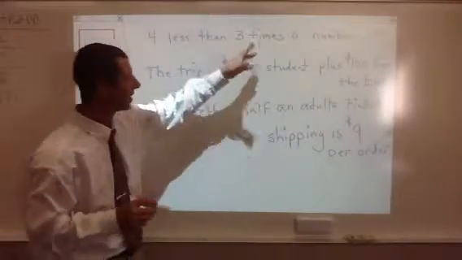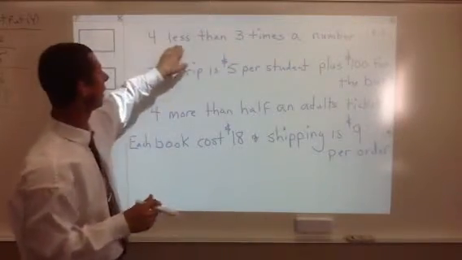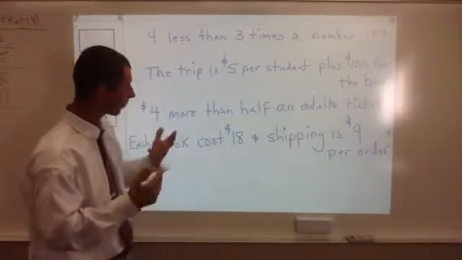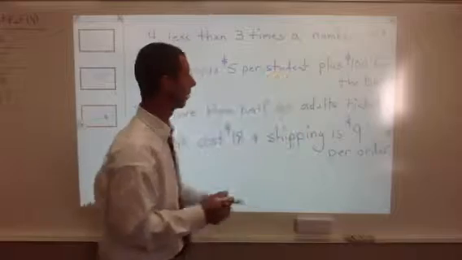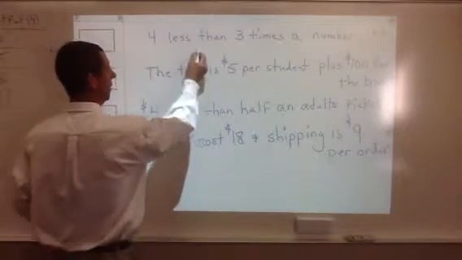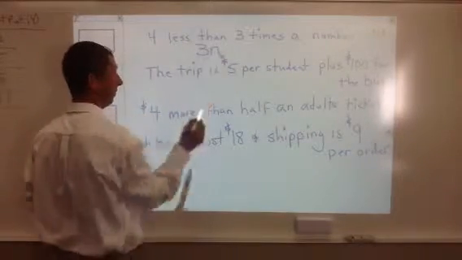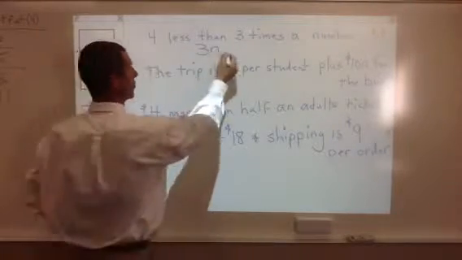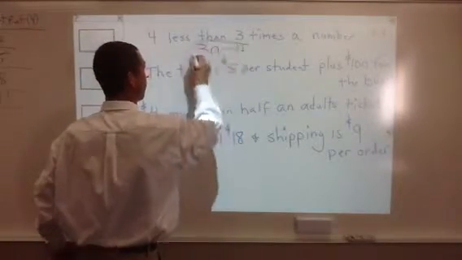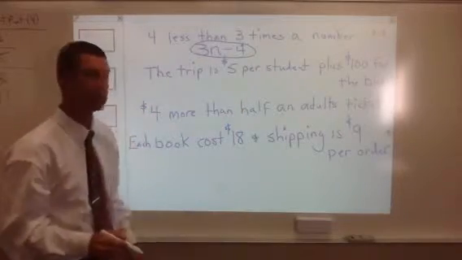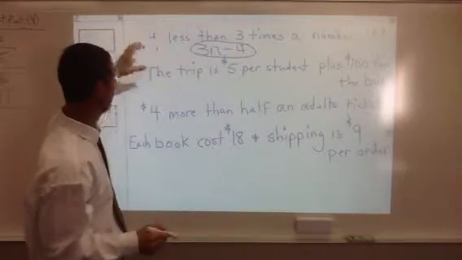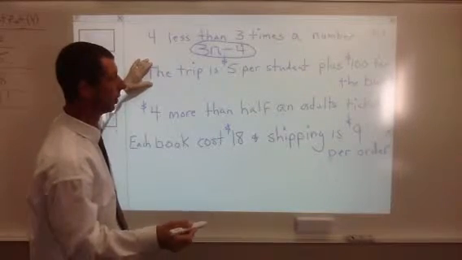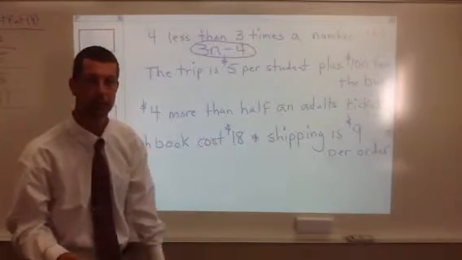Okay, I've got some here. This one says 4 less than 3 times a number. Well, we're going to take 3 times a number, so we're going to take 3n. That's 3 times a number, and it's 4 less than this. So we subtract 4. So that would be the algebraic expression for that one. This one here, the trip is $5 per student plus $100 for the bus.